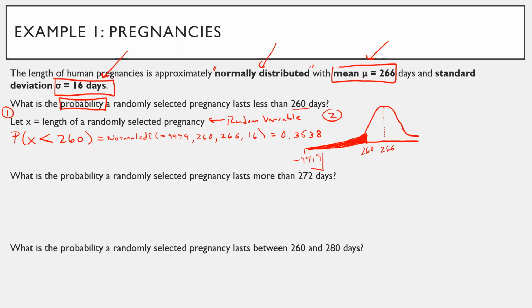Whenever you have a lower tail, you're going to put in negative 99999. And you're going to see in a second when we do the upper tail, we're going to put in the upper tail as 99999. Does that help kind of clear it up, Mary Kate? Okay.